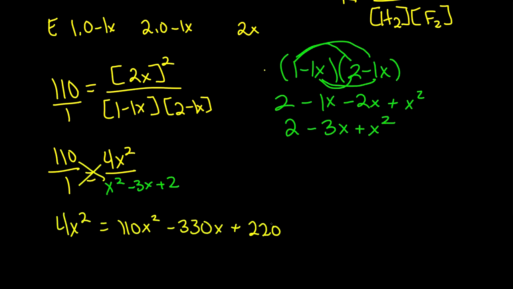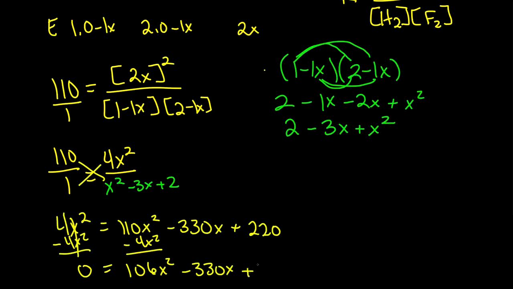Now we need to add like terms. 110x squared minus 4x squared is 106x squared minus 330x plus 220.